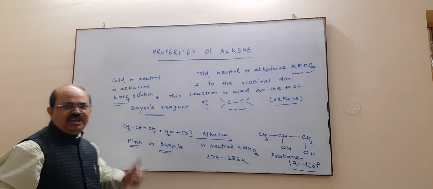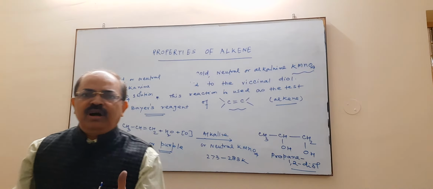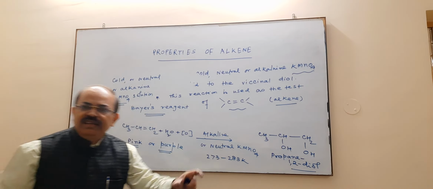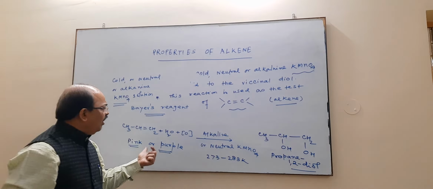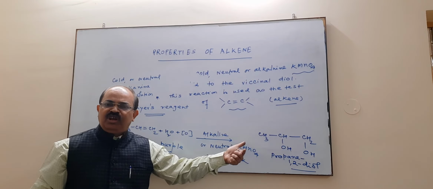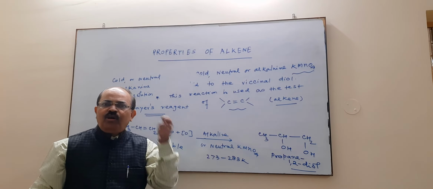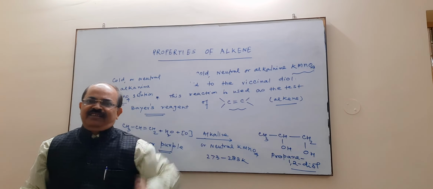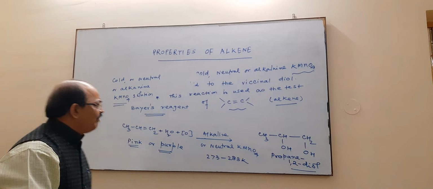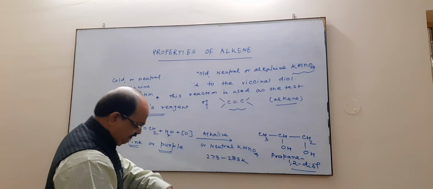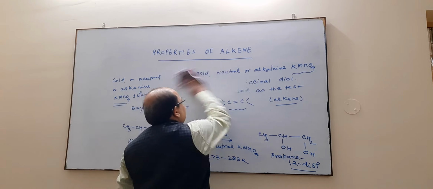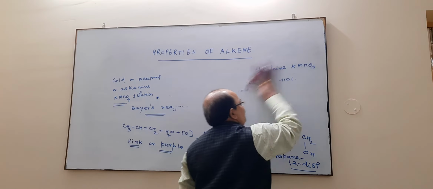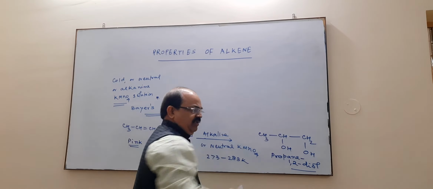ये जो Bayer's reagent है, इसका जो कलर होगा वो क्या होगा? पिंक होगा या पर्पल होगा. So what will happen after reaction? The pink color or purple color of Bayer's reagent will decolorize. So what happens in this reaction? How can we test the presence of unsaturation?